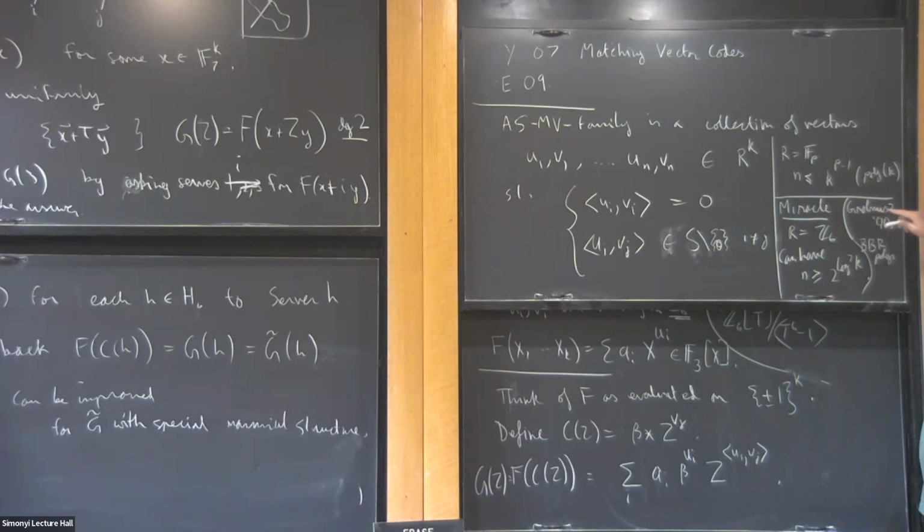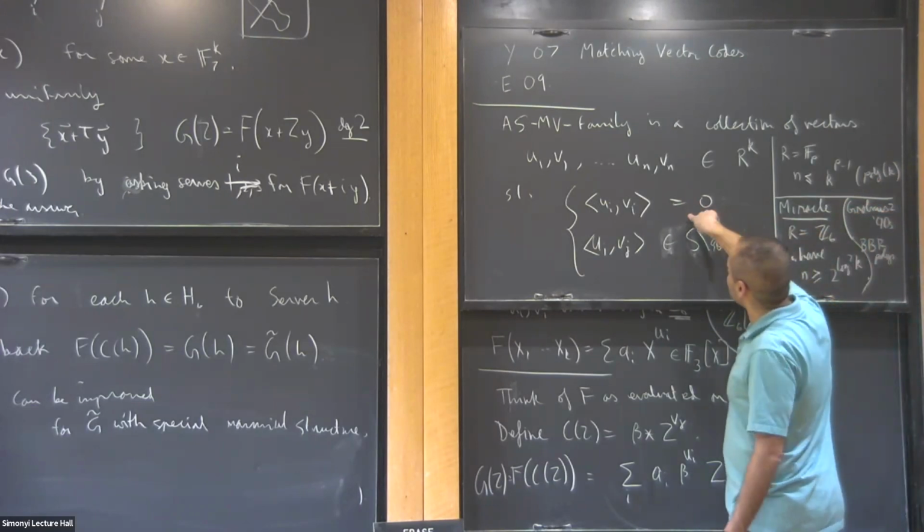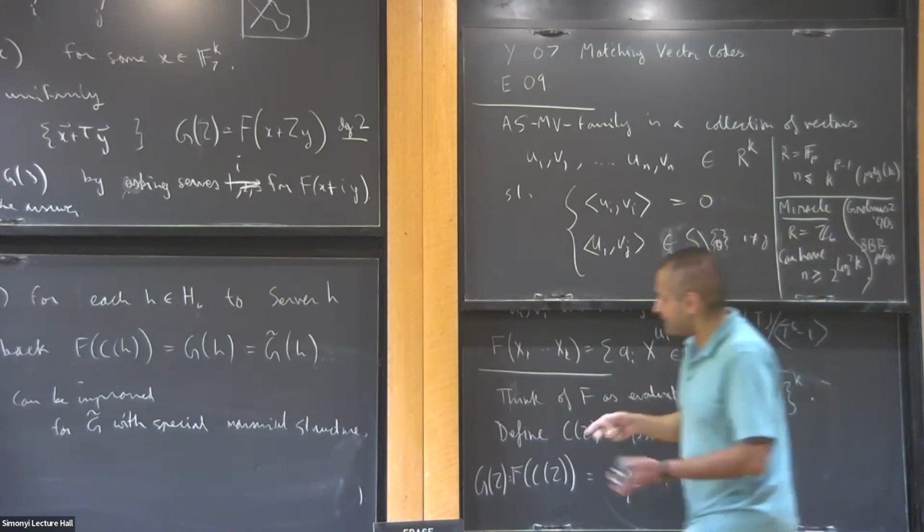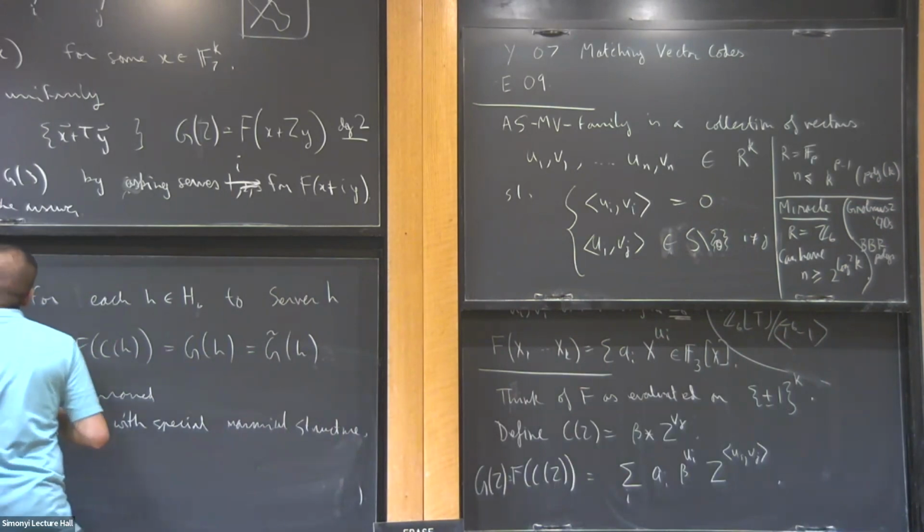And this miracle of Grolmusz comes with an extra advantage: it gives you S matching vector families for some small and special sets S. I'll just say what the statement is.